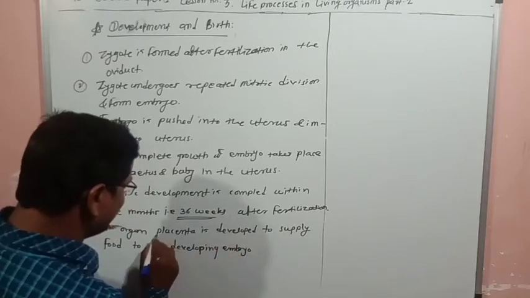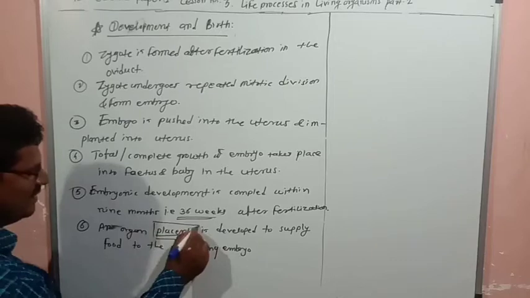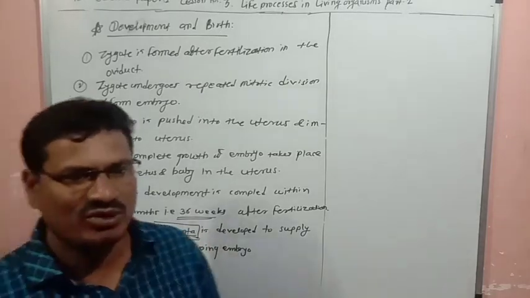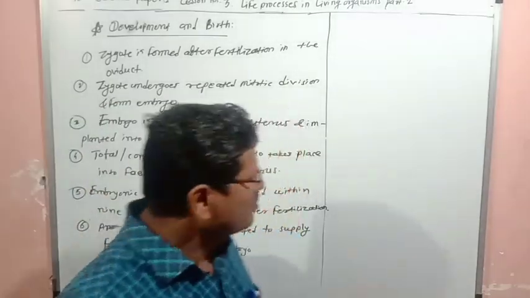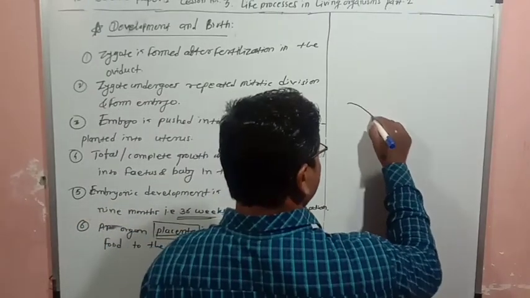So who is supplying food to the developing embryo? The placenta provides food to the developing embryo. So in short, we'll see how this process takes place.